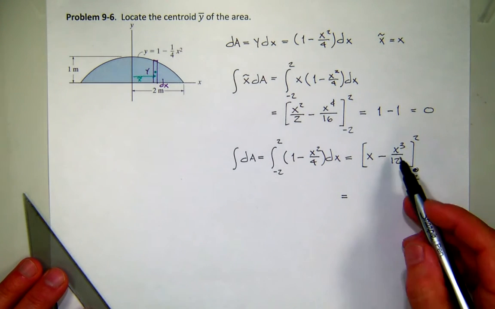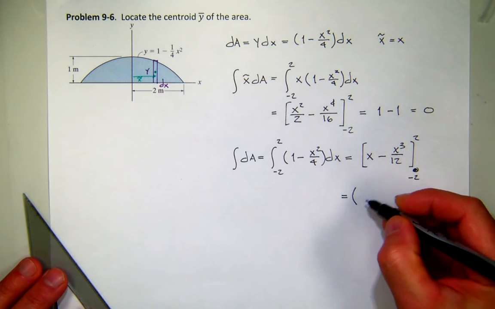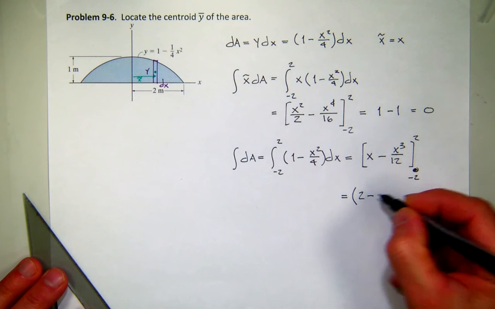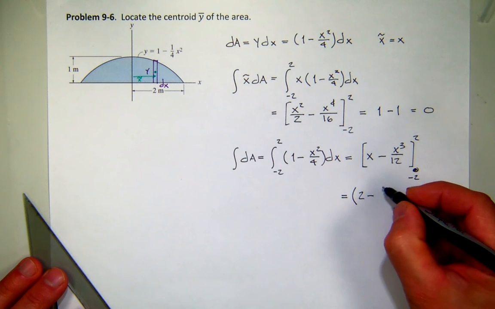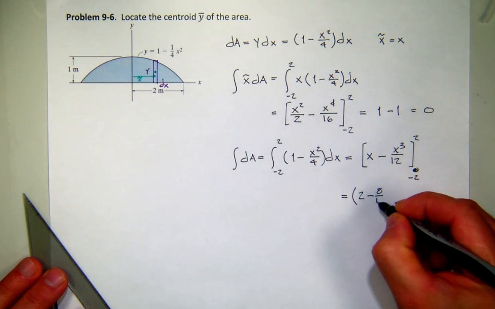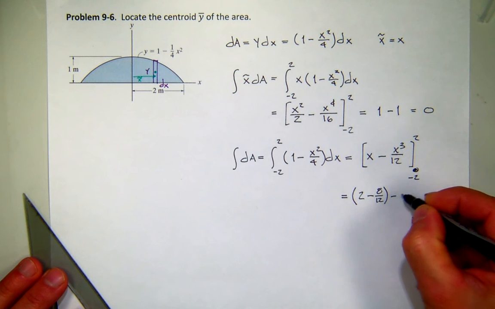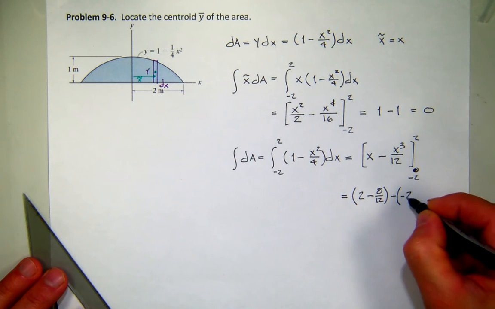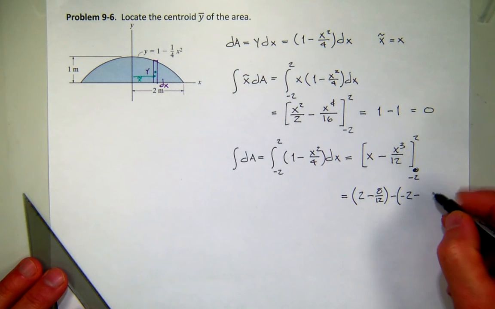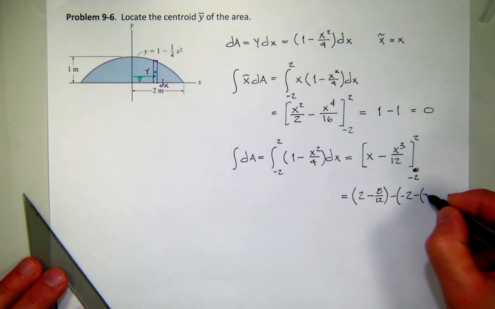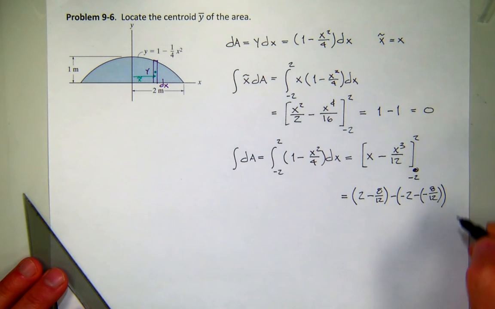So the first one would be 2 minus 8 over 12, and then minus negative 2 minus negative 8 over 12. A lot of negatives.